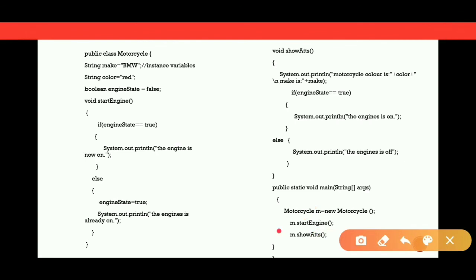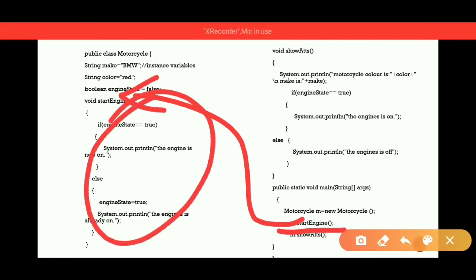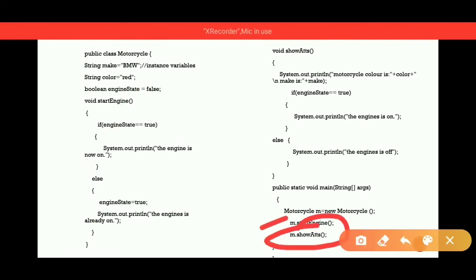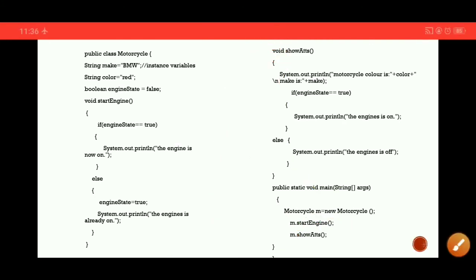Now here with the help of the object variable I am going to call start engine. Then it directly goes here. It checks the condition and executes the associated statements. Once it is done, the second method which I am going to call, m dot show attributes, goes here and executes the associated statements.